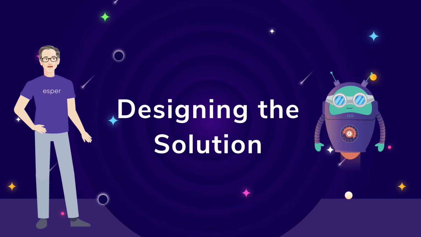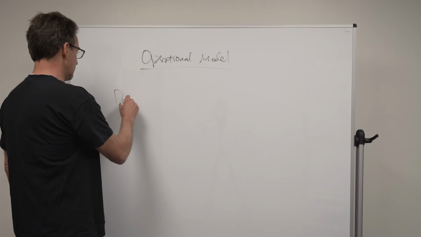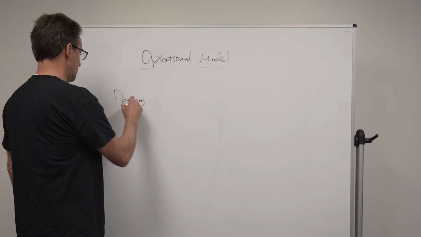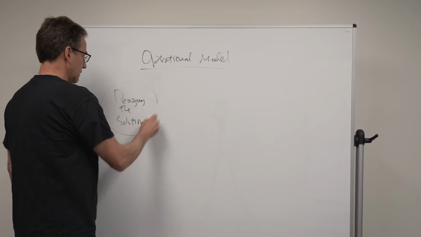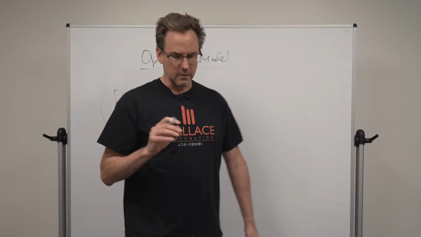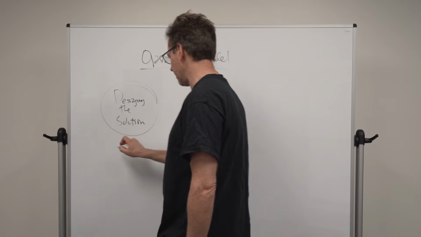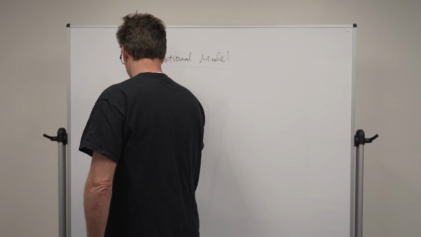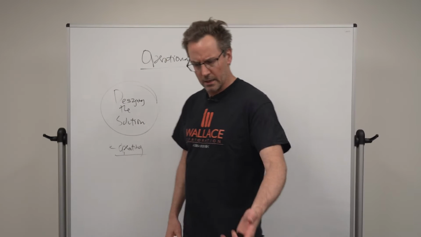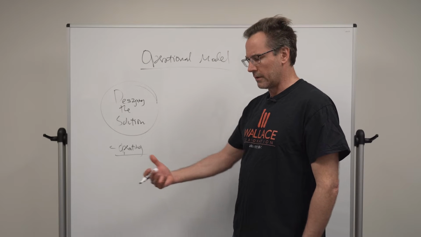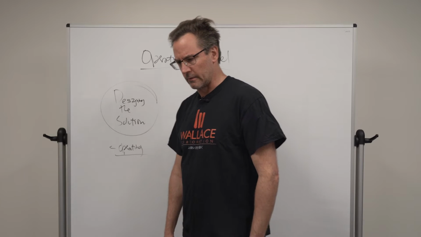So the first stage is what I call designing the solution. And you're like, well, of course we're going to design the solution. But this is where you really need to think about the nuts and bolts of operating your fleet. And are there any considerations with that? Like, where are you deploying? Can you get to the devices? What are the capabilities of your end users on the other end?